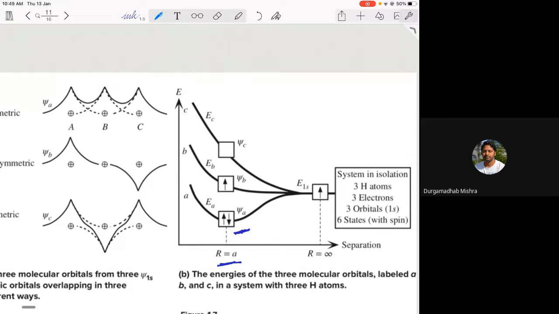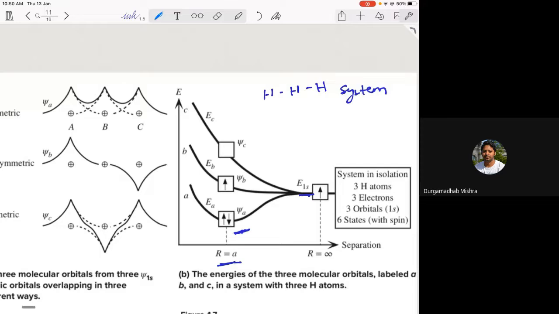But since you have a third hydrogen atom with another electron, this electron will go to the second available energy state, and that is a little bit higher compared to the E1s state.